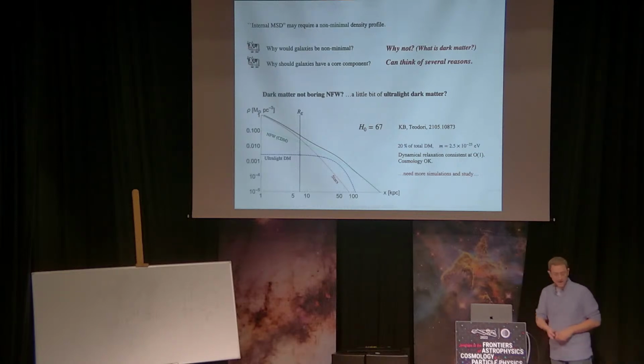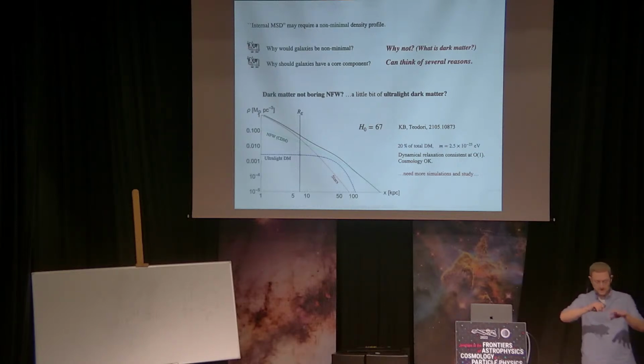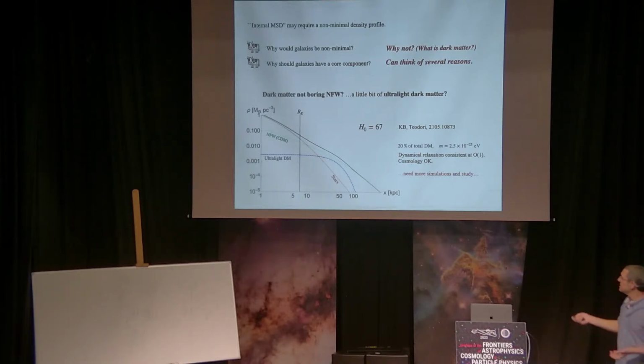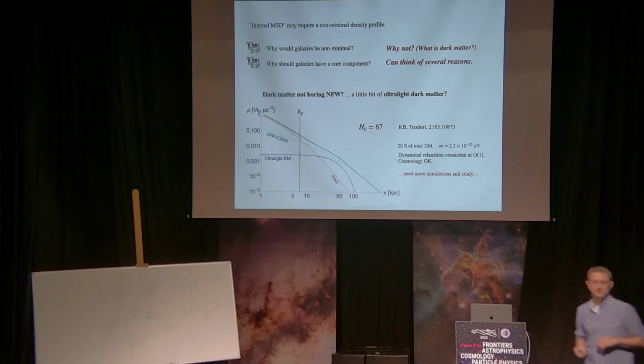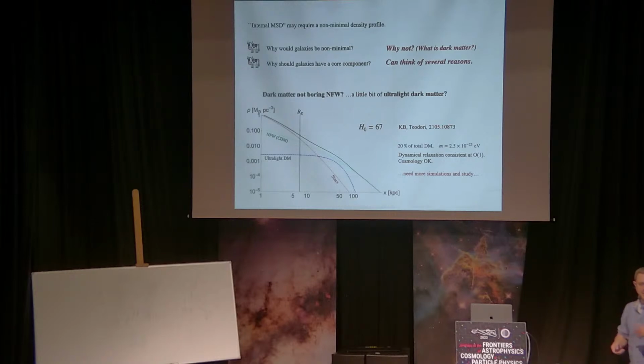For example, perhaps we discussed the fact that ultralight dark matter likes to make these large-scale cores. Perhaps there is this kind of component of ultralight dark matter that is very light, 10 to the minus 25. I've shown you this ultralight dark matter miracle for the relic density with the same kind of parameters, F at the GUT scale and M of this order, 10 to the minus 25.